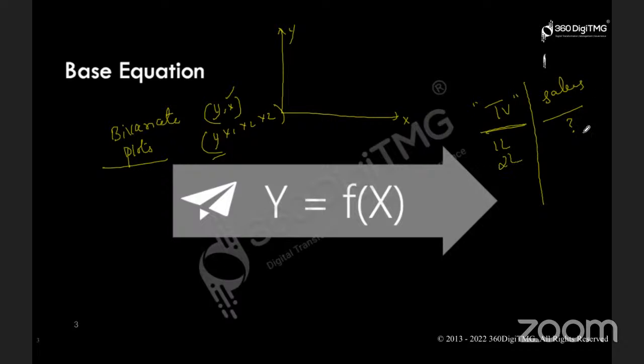With 2 lakhs, what are the sales? Definitely the budget allocated and sales are related, but we should find that out. To do that, we have a plot called a scatter plot.